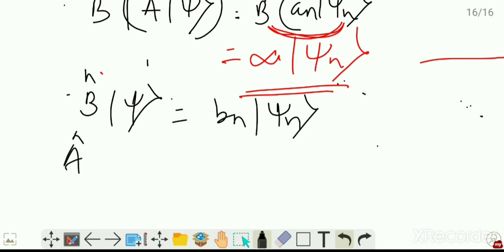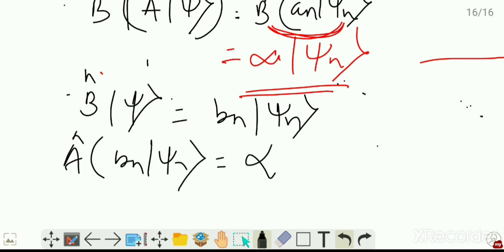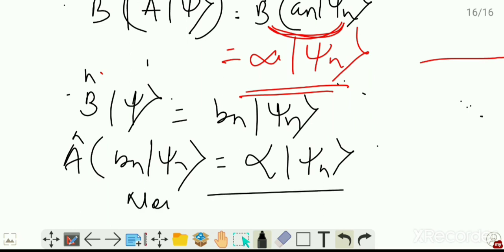Now when we operate A cap again on Bn of psi n, it will give something alpha into psi of n. Okay, now the results are equal.